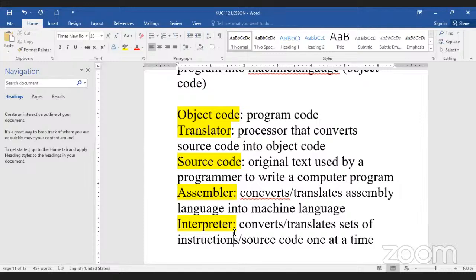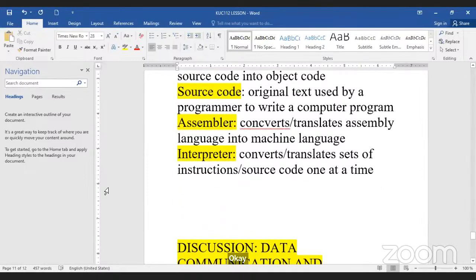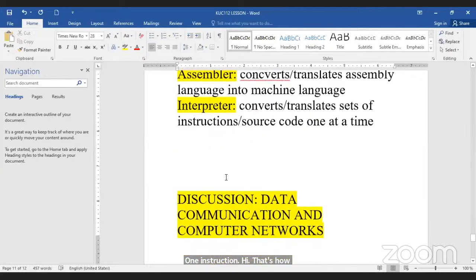So you can have a program and you want the computer to interpret that program. A translator will do everything at once, while an interpreter will do one instruction. That's how we can understand that.